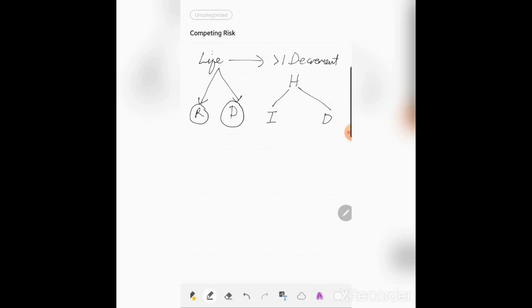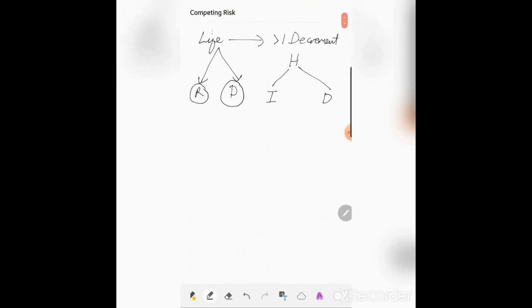And whenever we see competing risks, we generally resort to two kinds of mechanisms.